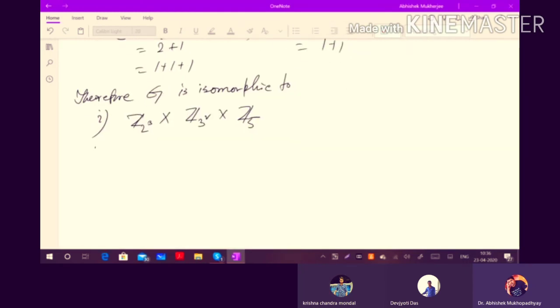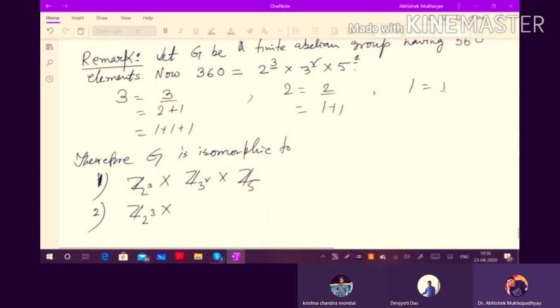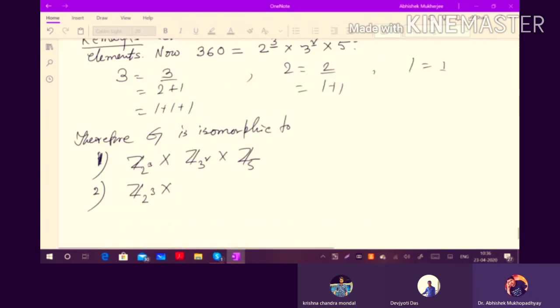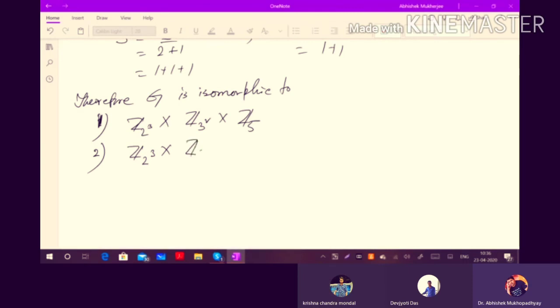Number 2, Z2 cube cross, now 2 can be written as 1 plus 1, so it is Z3 cross Z3 cross Z5.